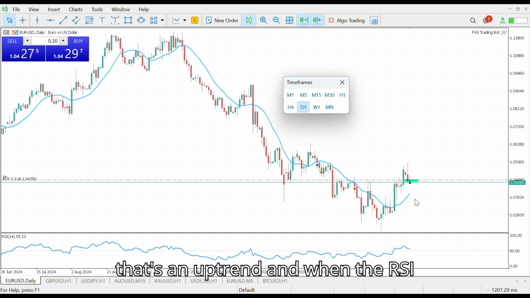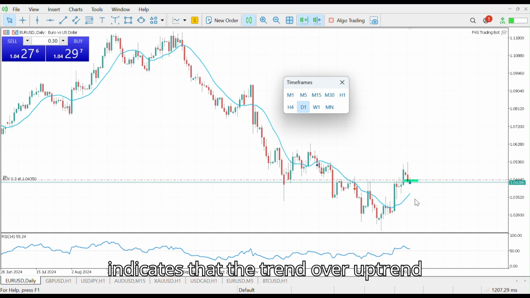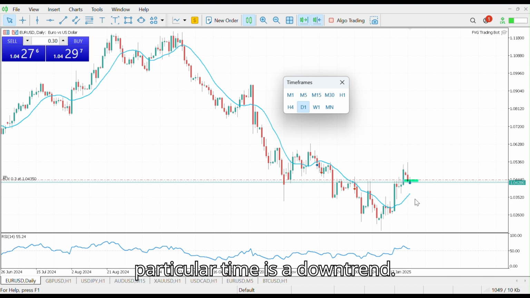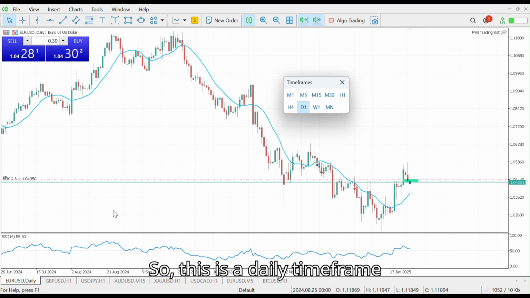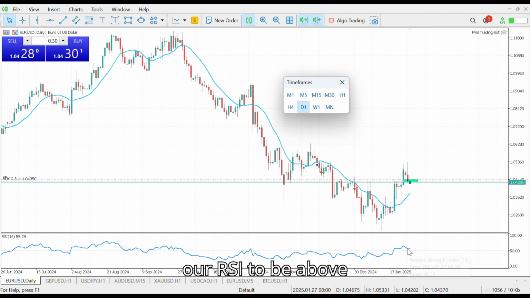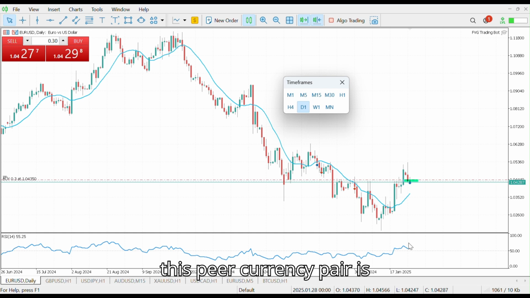And when the RSI is below level 50, it indicates that the overall trend for that particular time is a downtrend. So this is a daily time frame on Euro USD. As you can see, we have our RSI above level 50. That's one. This shows that this currency pair is currently an uptrend.